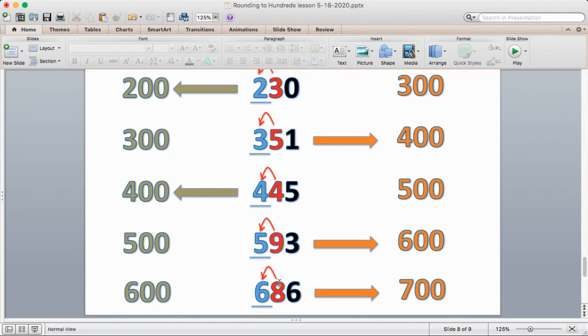So 686 rounds to 700. Again, this 8 and 6 just turn into zeros. The only number that changes over is here, the 7. So 700. We're rounding. We don't need any numbers behind that. If we're rounding to 100, we just need the 100. So it's 700.